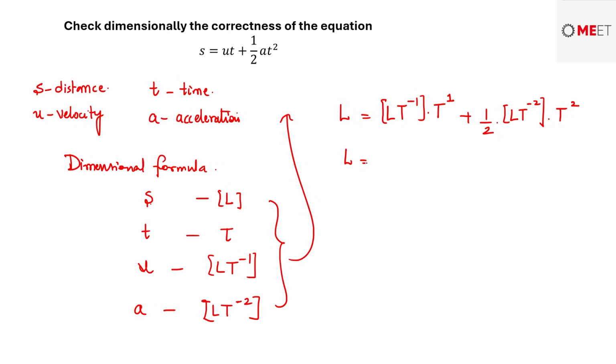Upon simplification, you would get L plus 1 by 2 times T power minus 2, and T power 2 will get cancelled. So the units are the same along the equation. That is how the correctness of dimension can be checked for any given equation.